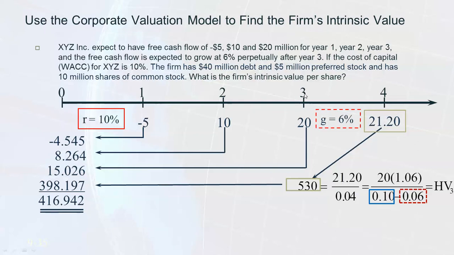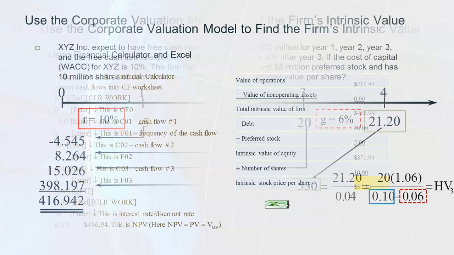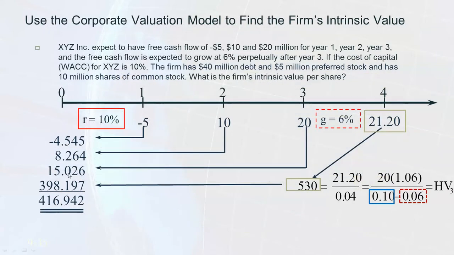Since after year 3 the cash flows grow at a constant rate, in year 3 we know exactly the present value of all other future cash flows from that time period. And then I discounted all these numbers here.